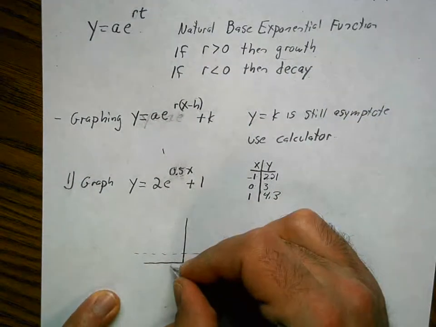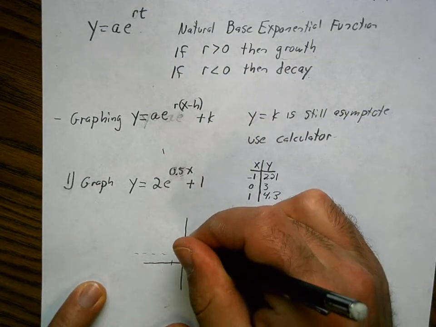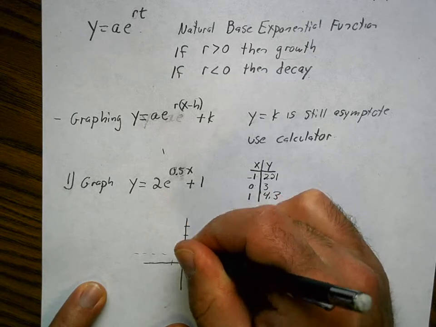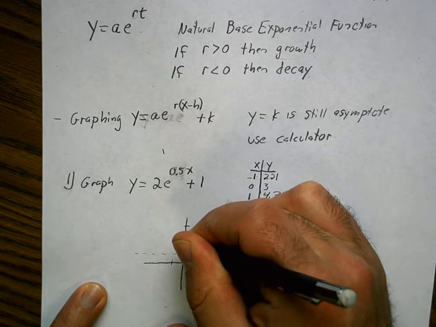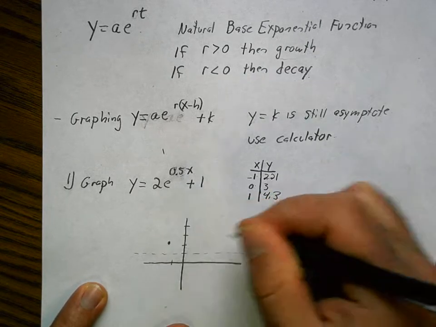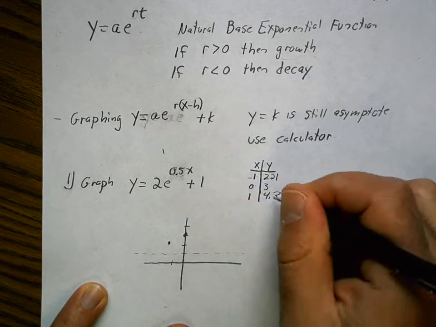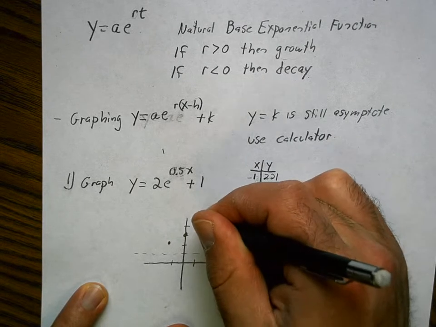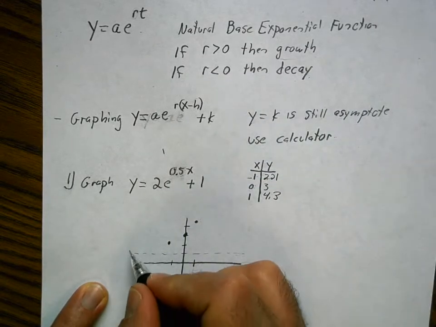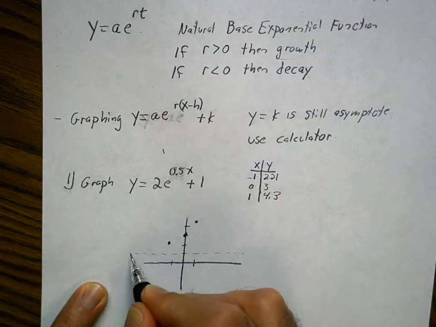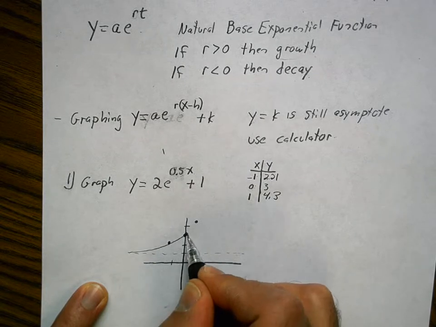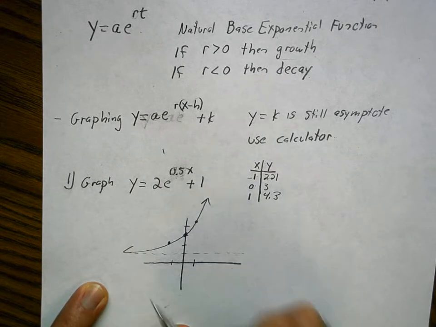Let's see what I get. -1 is 2.21. Zero is 3, and 1 is 4.3. So you can see what's happening here. We know this is exponential growth. This graph is looking like this.